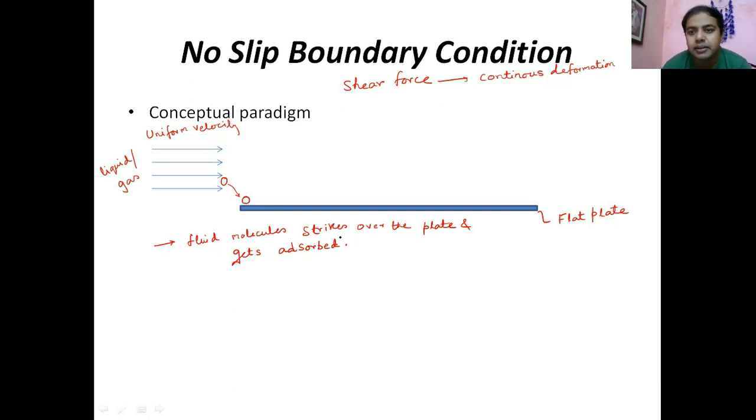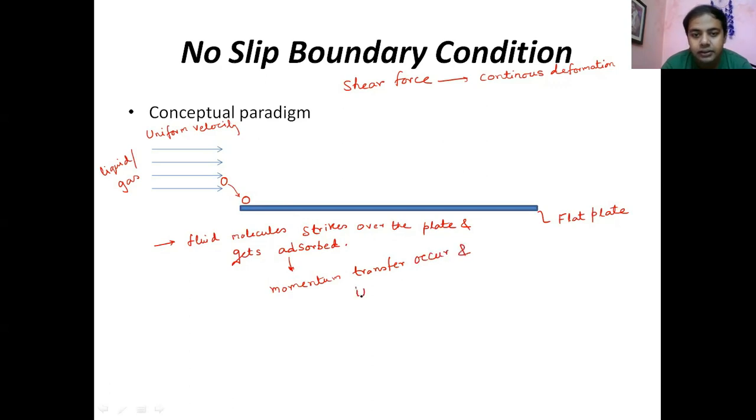Now what will happen? These molecules initially have some momentum because of their mass and velocity, so they will transfer their momentum to the plate. The second thing is the momentum transfer. These molecules transfer their momentum to the wall and get slowed down.